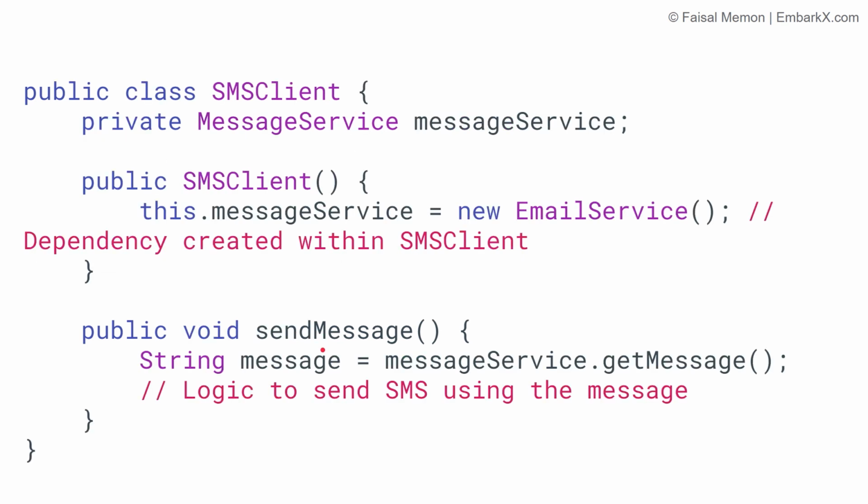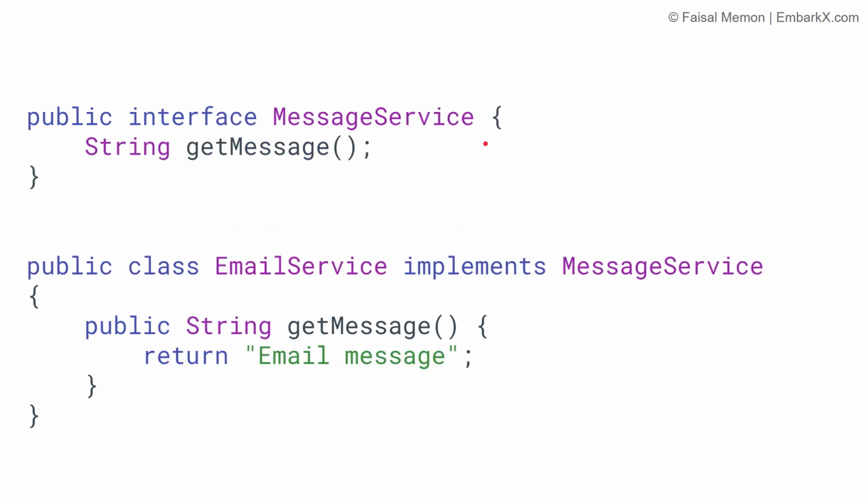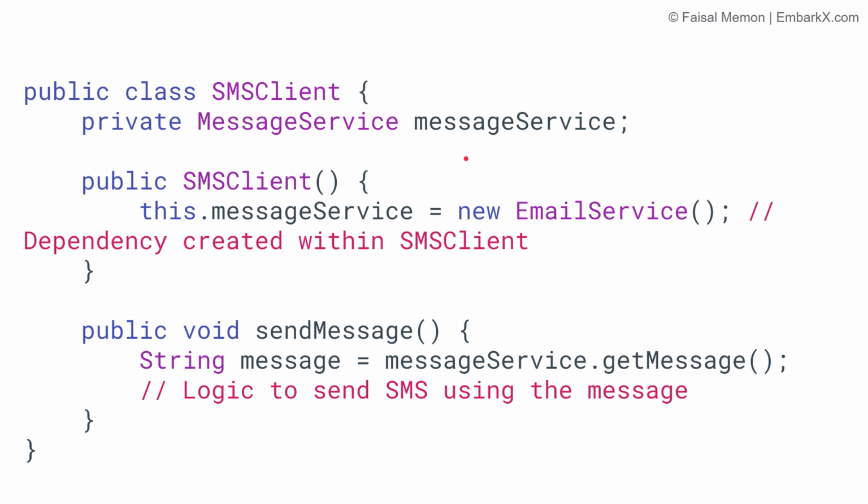Now let us say you use message service this way over here in SMS client. In SMS client you need this object message service. You're creating the object of email service and assigning it to the message service, and message service over here was an interface, as you can see. So this is source code and you're using it properly in your method over here, send message.